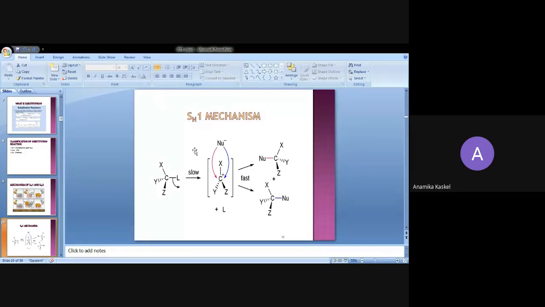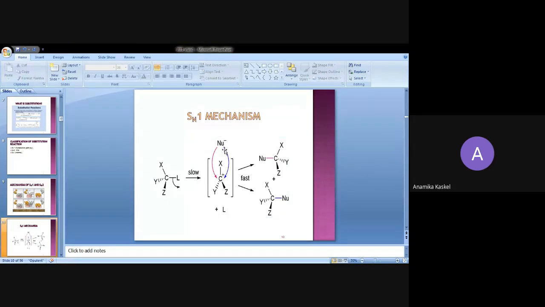As an example, if the reaction rate is very slow, we get the carbocation first. After getting the carbocation, it will be attached with the nucleophile. The nucleophile can attack from this side or from this side, so both sides are open.